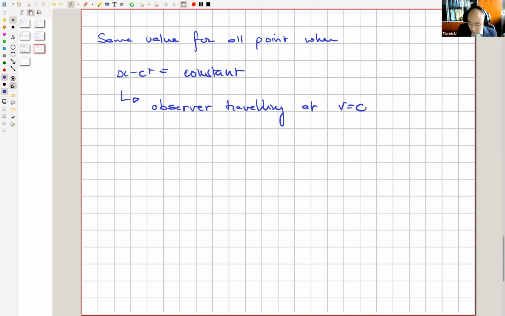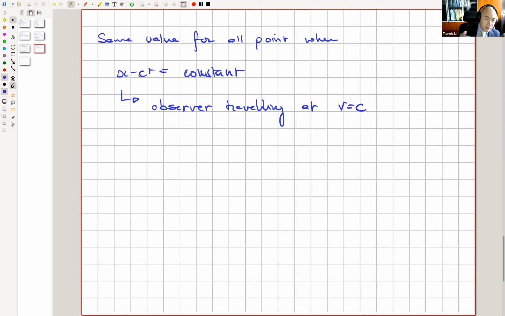Okay? Because if you look at this equation over here, if x minus ct is a constant, then this is exactly the equation for someone that travels with a constant velocity. That velocity here is c. Okay.